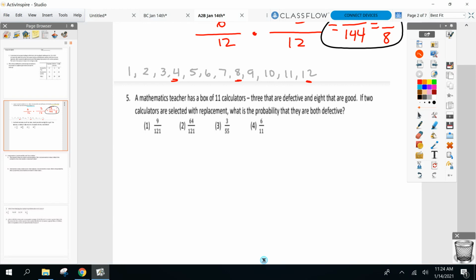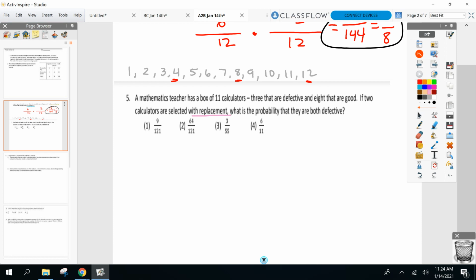Forget about the final answer. You should know that it is going to be a multiplication question. Anybody see anything embedded in the directions that say multiplication? With replacement. Yep, there you go.